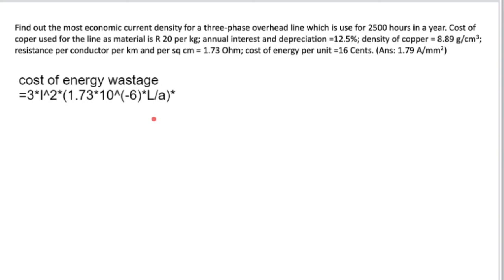Time is 2500 hours. Then again we need to convert it to 10 to the power minus 6, because it was 0.173 and I chose 1.73. If you choose 0.173, then it will be 10 to the power minus 5.